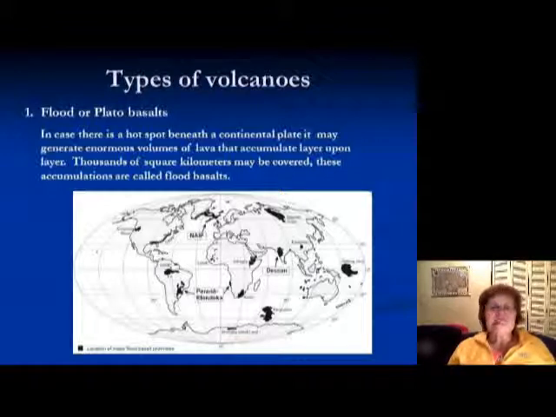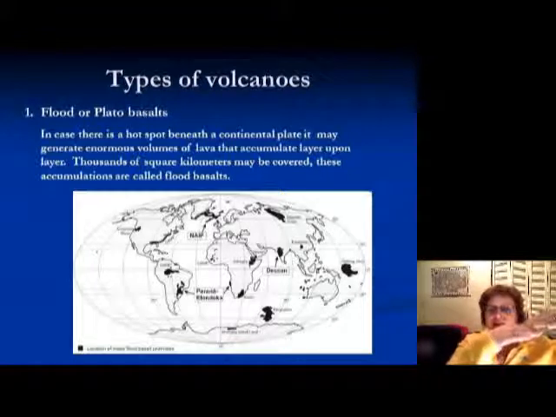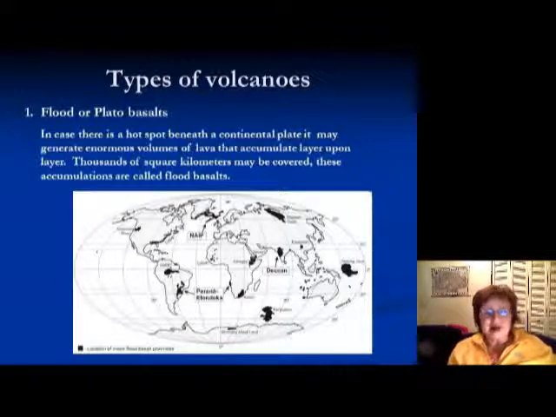When this flood or plateau basalt forms, usually there is a hot spot on the oceanic plate, and as it goes under the continental plate, the hotspot reaches the continental plate, and as it does, it will produce a huge amount of mafic lava, basically layer upon layer, a whole lot of it.